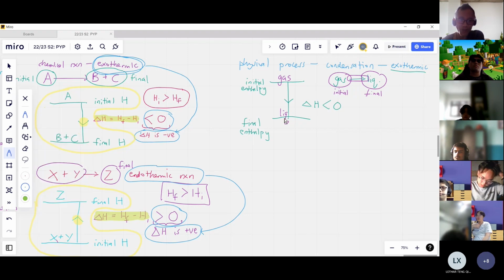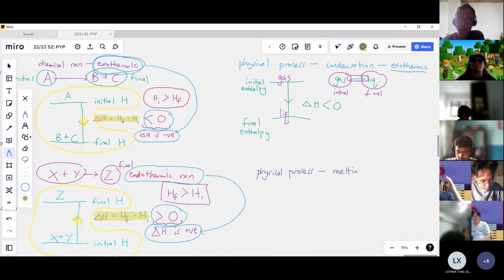I can, of course, do the same for this as well. So let's say we have a physical process. Now, I don't think I want to explain that much now, but I'll quickly draw this out. For example, melting. Now, as we said, melting is always endothermic, always.